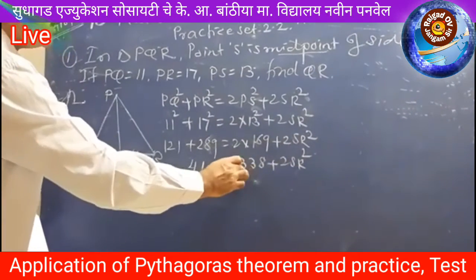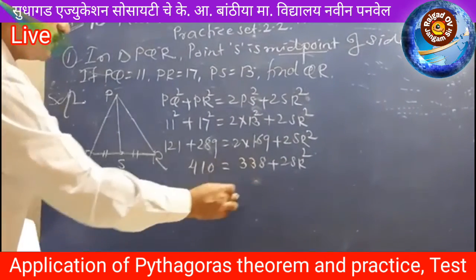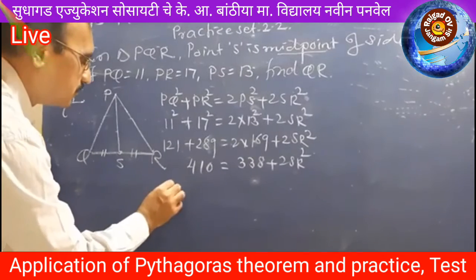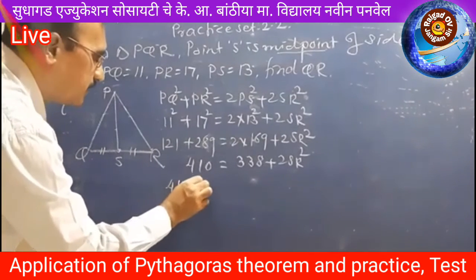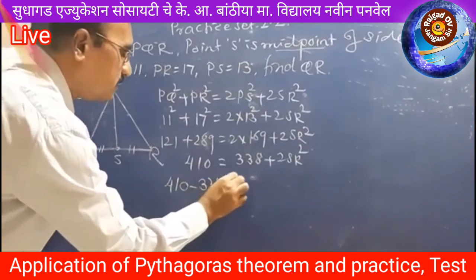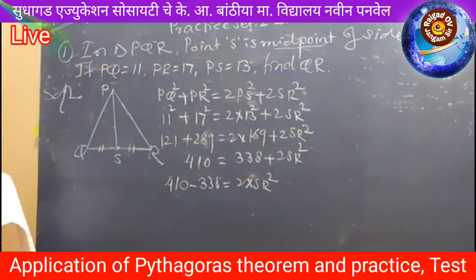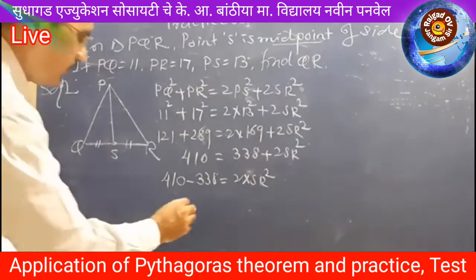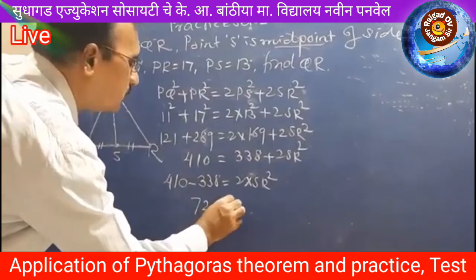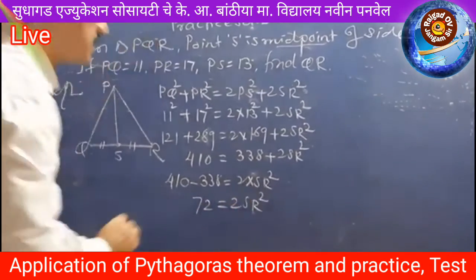That means take 338 on this side, it becomes minus, correct, is equal to 2 into SR square. The subtraction of these two numbers is 72, is equal to 2SR square.